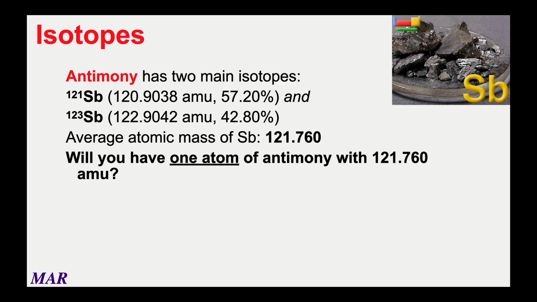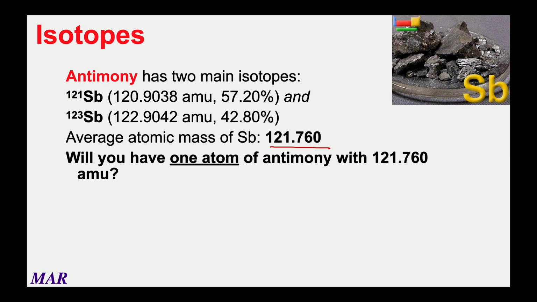Antimony is another element on the periodic table. It's number 51. And antimony has two main isotopes. Antimony 121, about 57.20% abundant, and antimony 123, which is about 42.80% abundance. Now, the average atomic mass of antimony is 121.760.